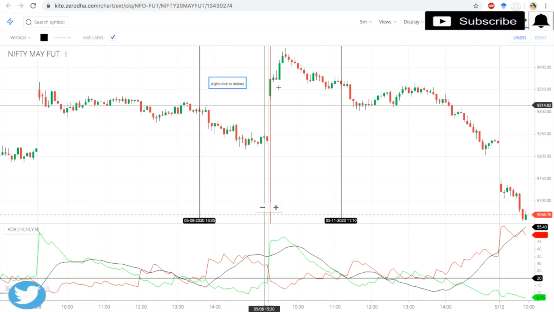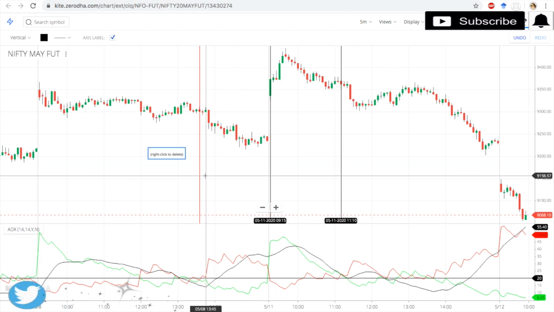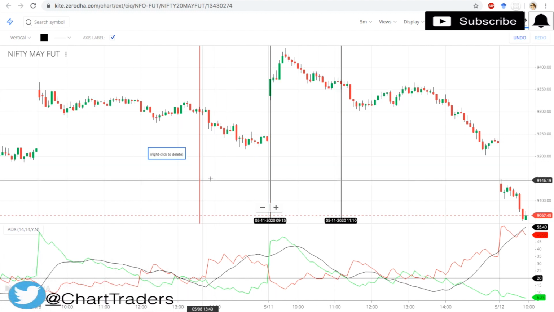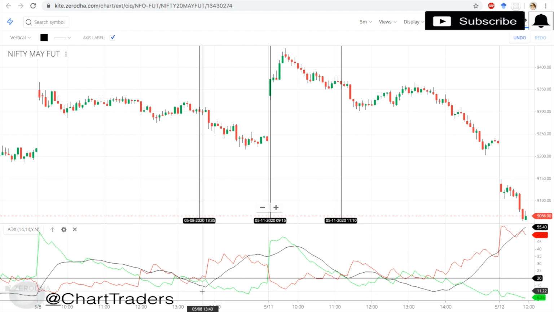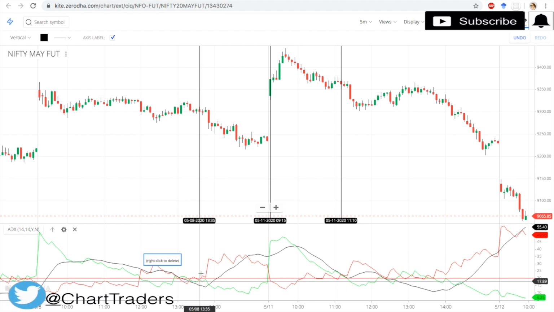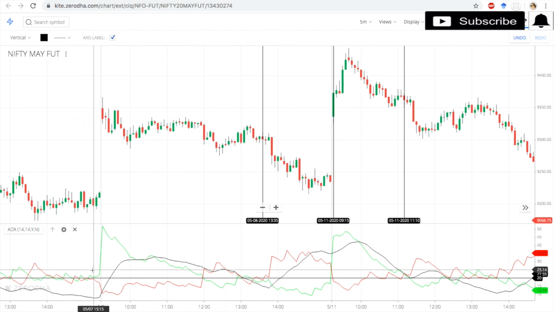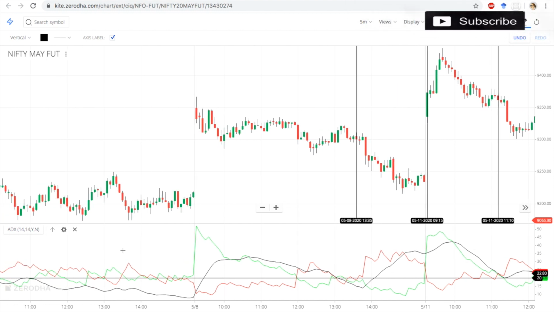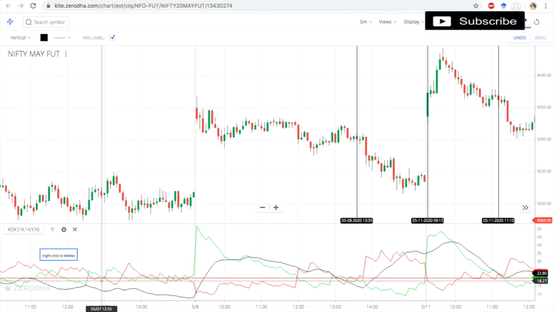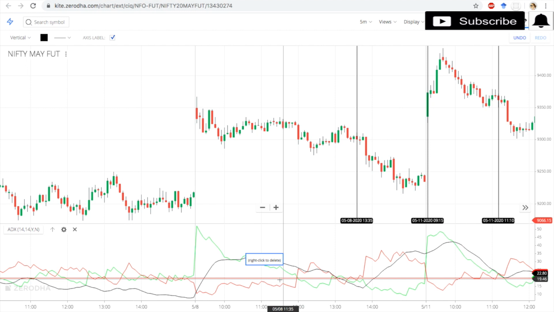Same way here, there is a buying opportunity, and this is a selling opportunity here also. But ADX is below the 20 level, so we are not going to consider this signal. It is a false signal according to our setup. You can see this horizontal black line is the 20 level of ADX.